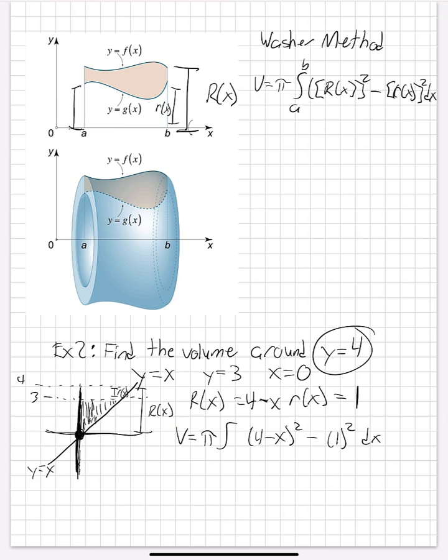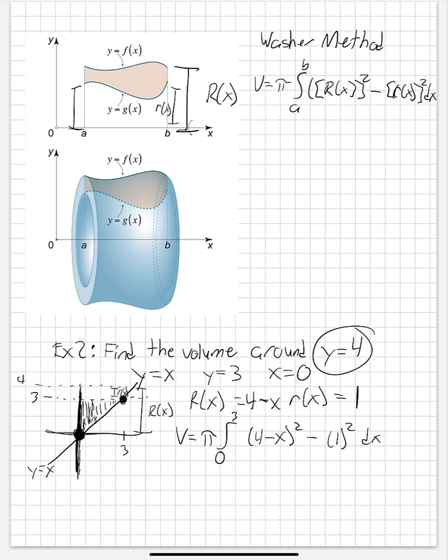Well, they intersect at 0, and they intersect at 3, right? Because y equals x, so therefore it equals 3 when x equals 3. So my limits are from 0 to 3.